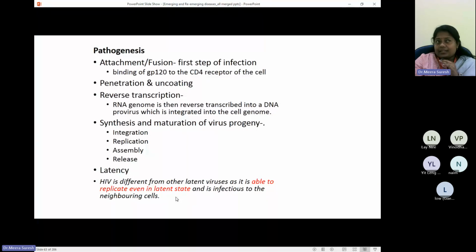So in that adaptive immunity, it is the T lymphocytes and B lymphocytes which are very important. T lymphocytes help in cell mediated immunity, and B lymphocytes release the antibodies, which is antibody mediated or humoral immunity.